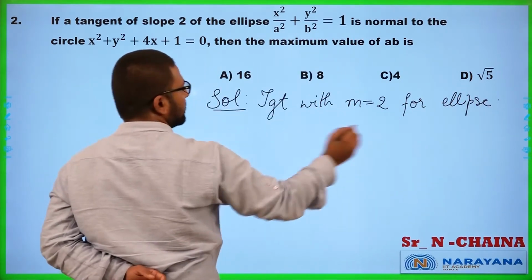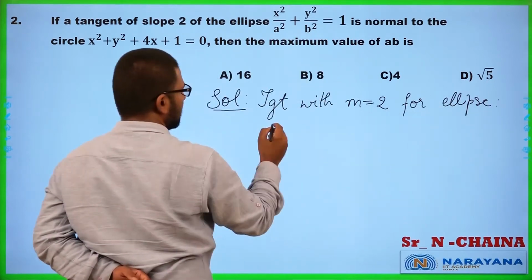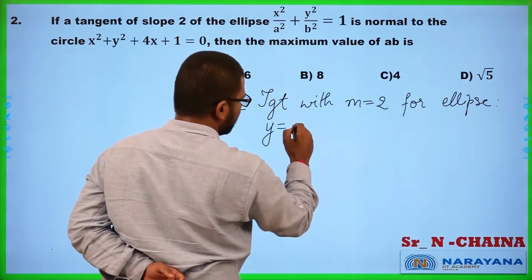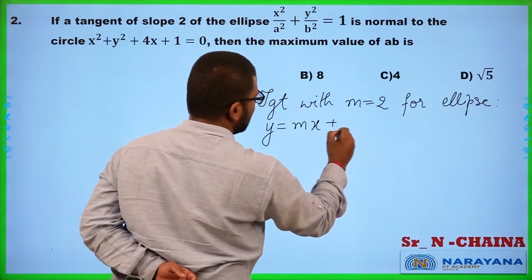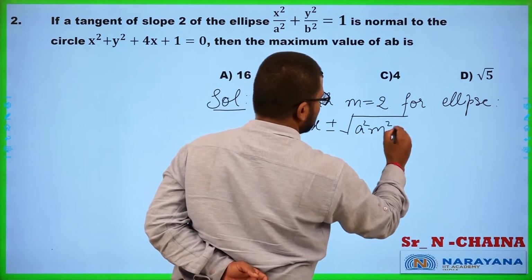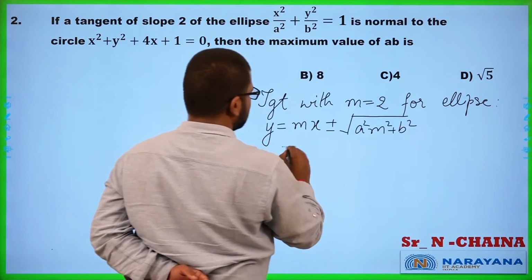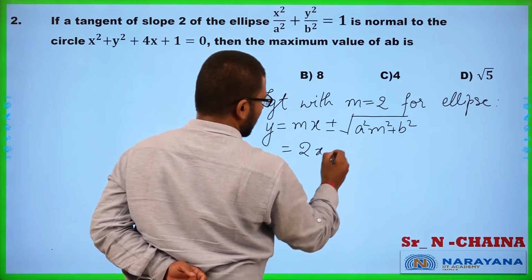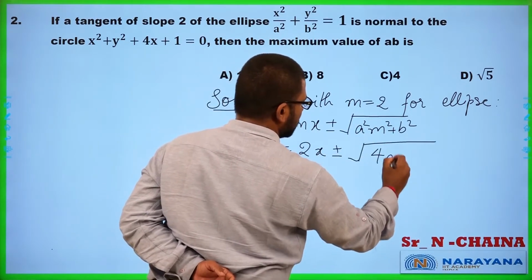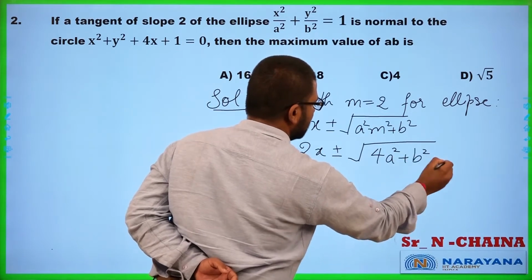It would be y equal to mx plus minus root a square m square plus b square. Correct? So in this case it would be 2x plus minus root, m square is 4, so 4a square plus b square.